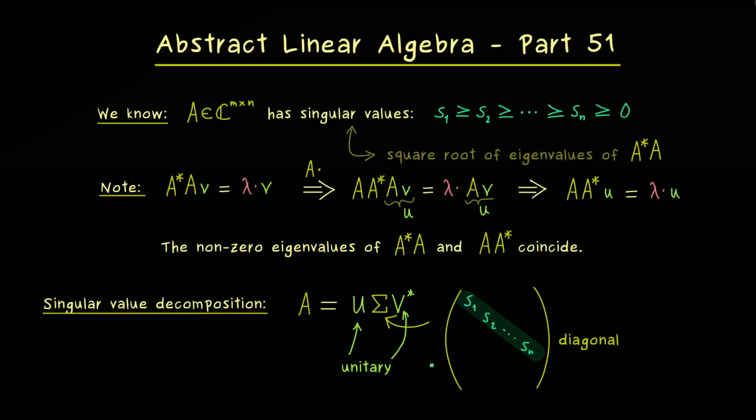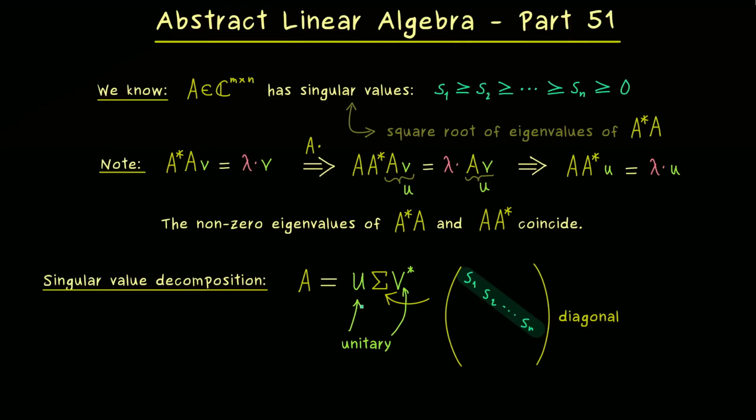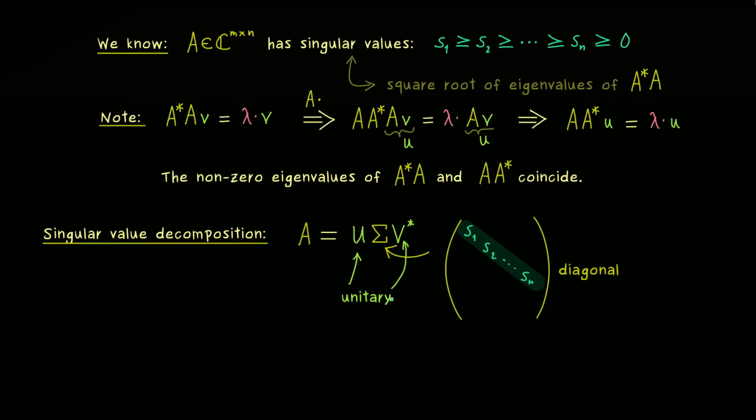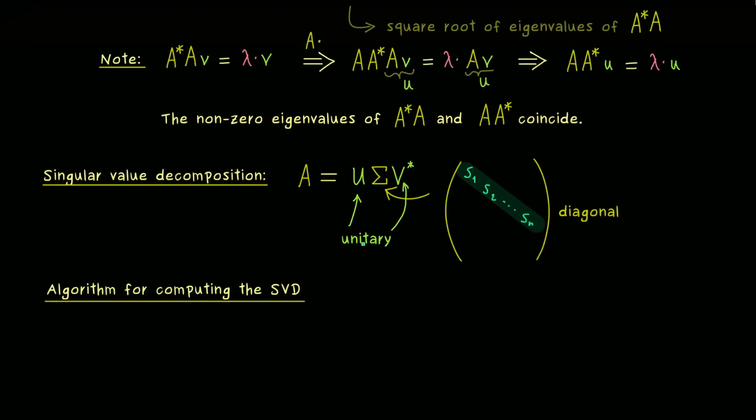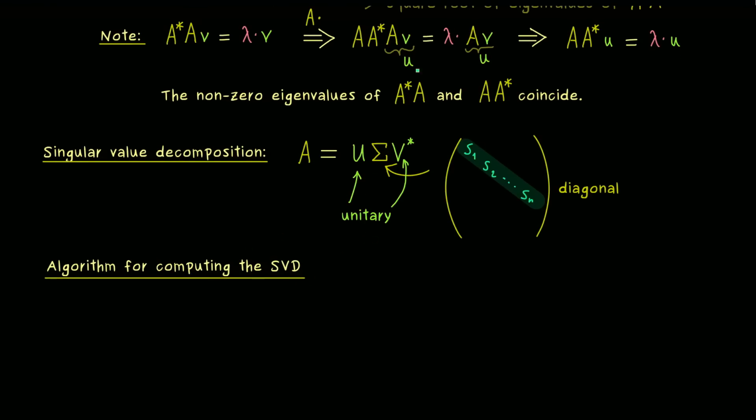And now we will discuss the whole algorithm for the construction of these two unitary matrices. And afterwards I will show you how this works with an explicit example. Now for the algorithm, the key for the SVD, as we have already discussed in the last video, is in the eigenvectors of A star A or A A star.